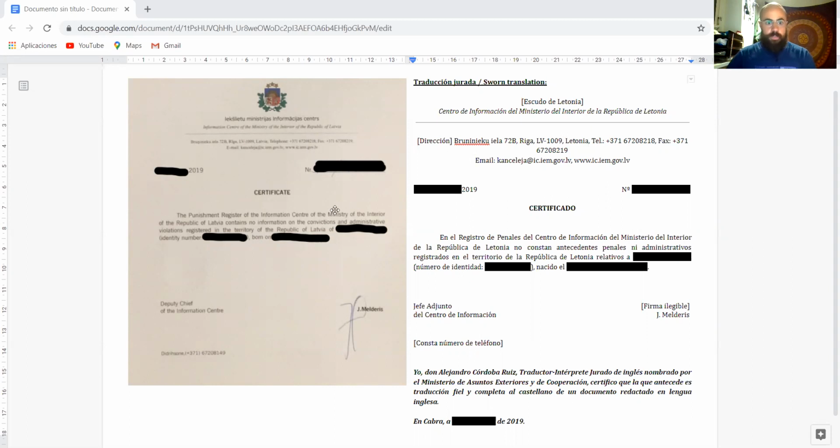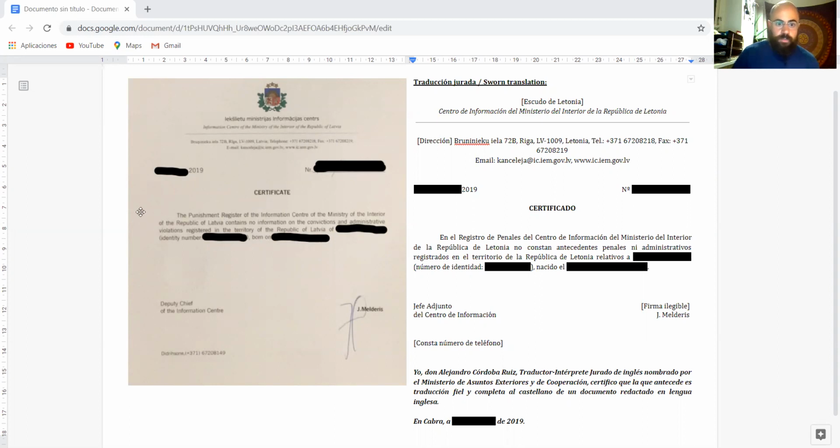And I'm going to start by reading the original document. Here it says Information Center of the Ministry of the Interior of the Republic of Latvia, address, here is the date that I have deleted together with the number of the document for protecting the client. And here we continue. Certificate.